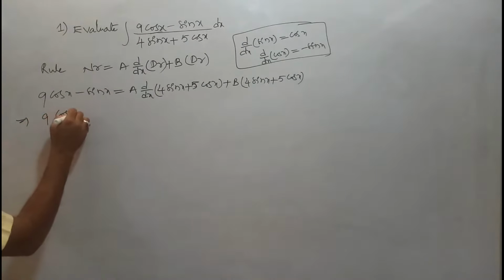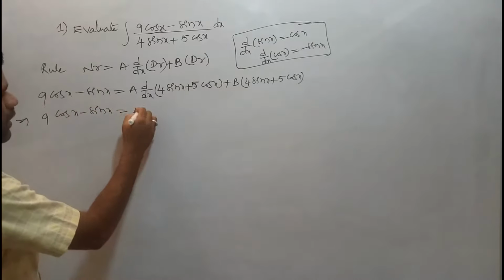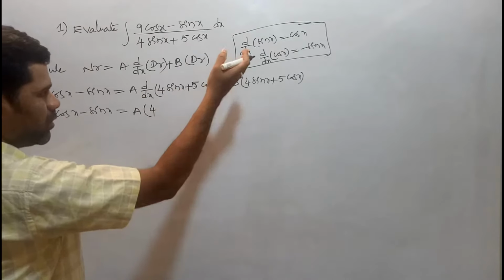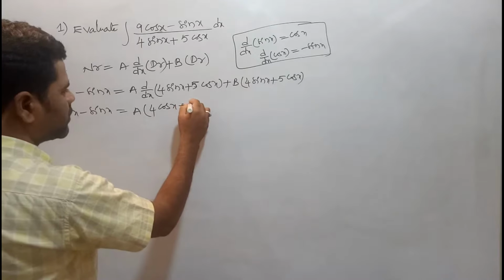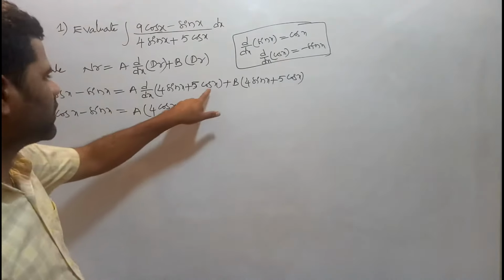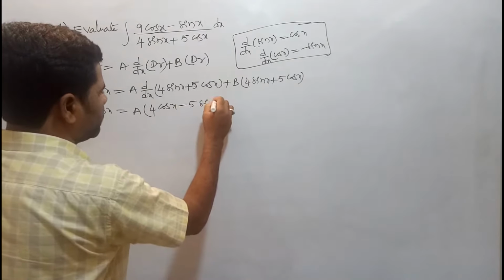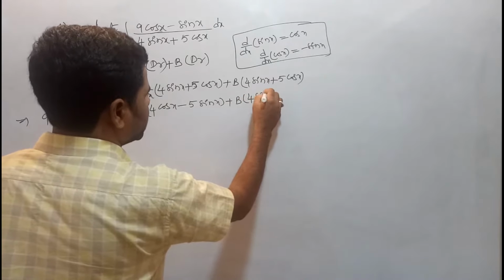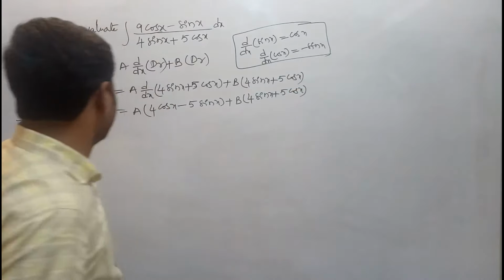9 cos x minus sin x is equal to a, and 4 is constant, d by dx of sin x is equal to cos x, plus, and 5 is constant, d by dx of cos x is equal to minus sin x, plus b of (4 sin x plus 5 cos x).